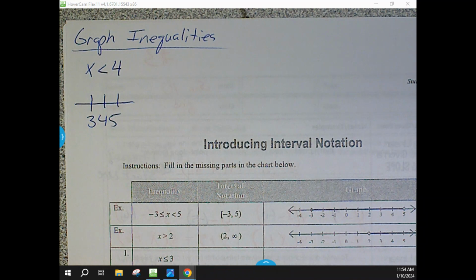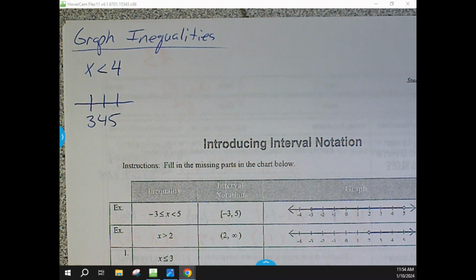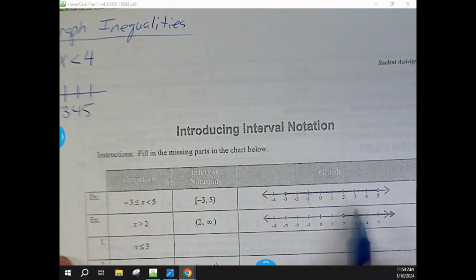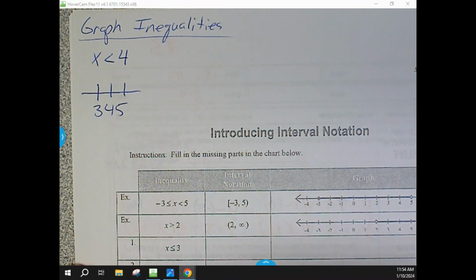That's your number line where you've got 3, 4. And again, we're not going to do like down here where they've got 10 different numbers. We're just going to do a couple numbers right around it. So if we're doing x is less than 4, and that's our number line 3, 4, 5, do you remember open circle or solid circle there? Anybody remember? Better take a guess.